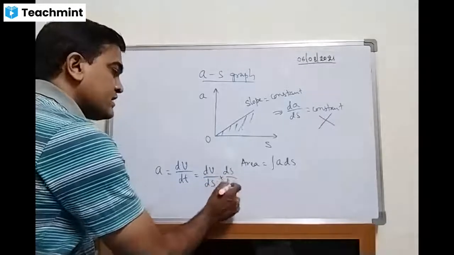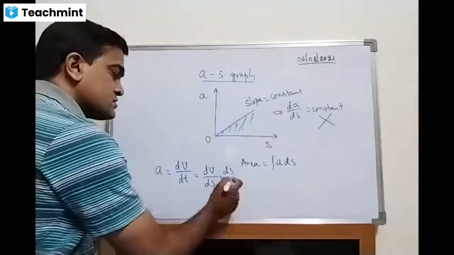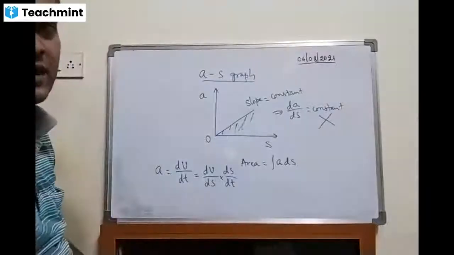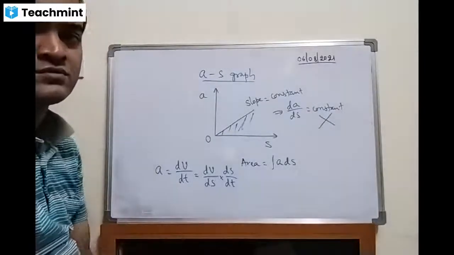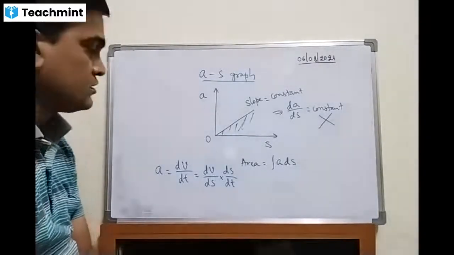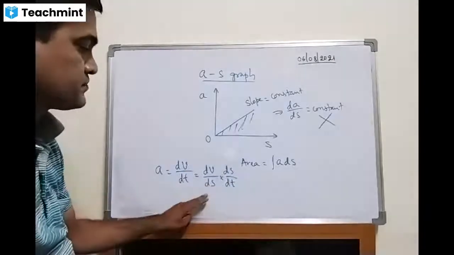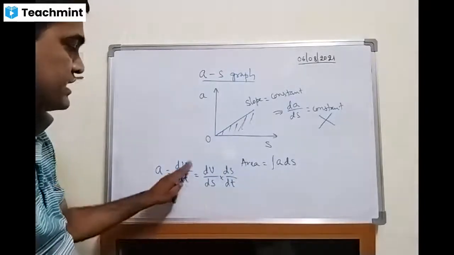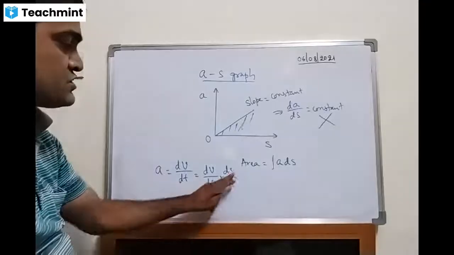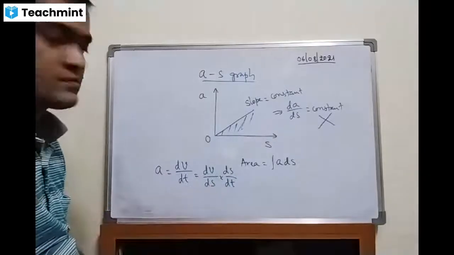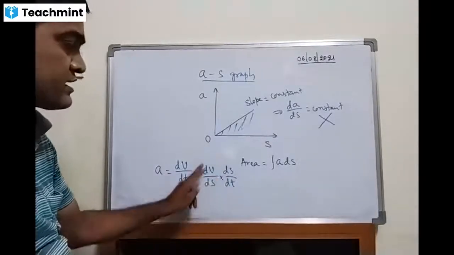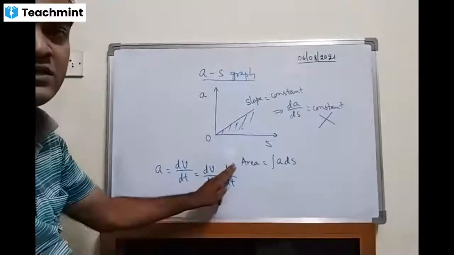Can I multiply and divide with ds? I am applying the chain rule. If you recall the chain rule, what I did is multiply and divide with ds, so that if I cancel ds again, I get dv by dt. I can write it like this: dv by ds into ds by dt.